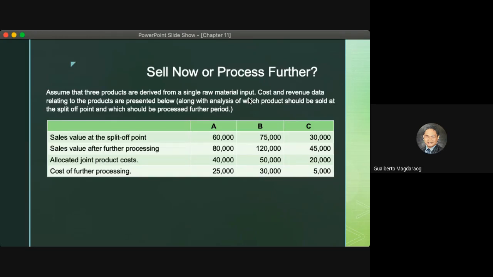If we process it further, we will incur a cost of 25,000. So we lose there, right? We lose 5,000 there. We earned 20, you process it further for 25, you will lose 5,000. So it is better to sell it at split-off point.